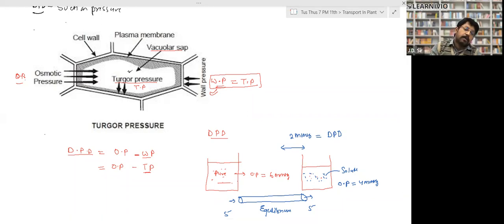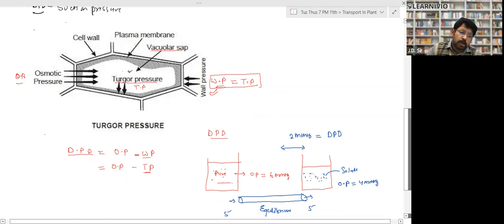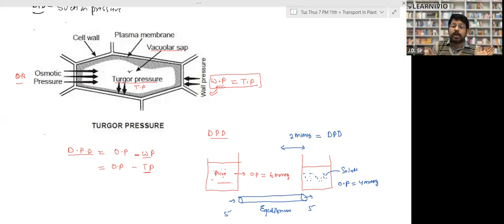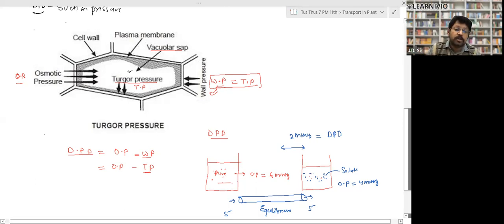What happens whenever water enters inside the cell? The cell will swell and this water will start putting pressure outside, right? So the cell will become swollen, means the cell will become turgid. Swell means turgid. So this is called turgor pressure, and turgor pressure takes place toward the outside, right? So osmotic pressure is toward the inside and turgor pressure outside.